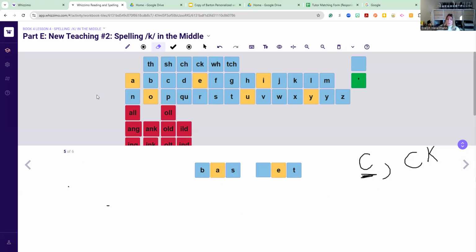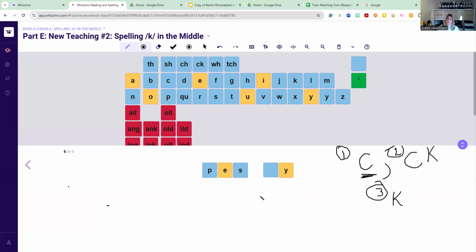So we go down to our third choice, which is K. K saves the day in this case. And that's why we get to use the K in the word basket. They always have to go in this order: C first, CK second, and then K saves the day. It's your only choice left, okay?